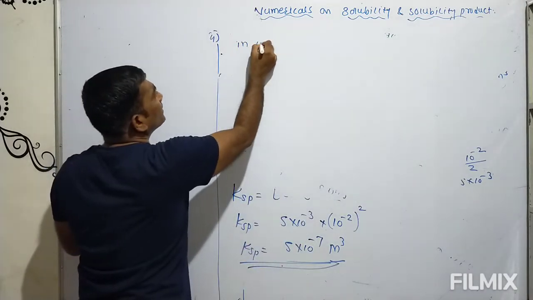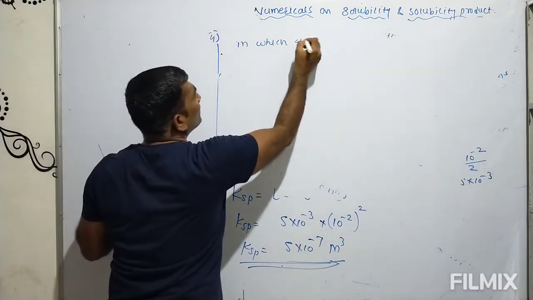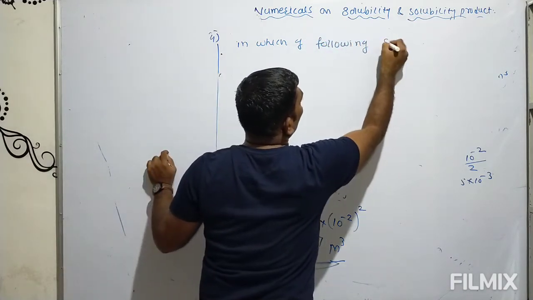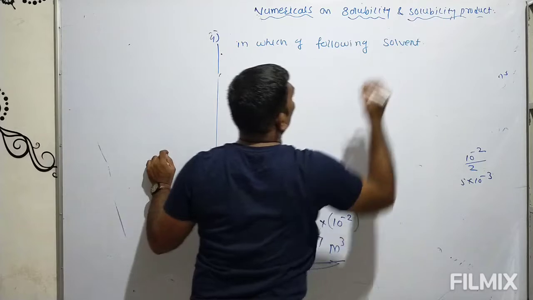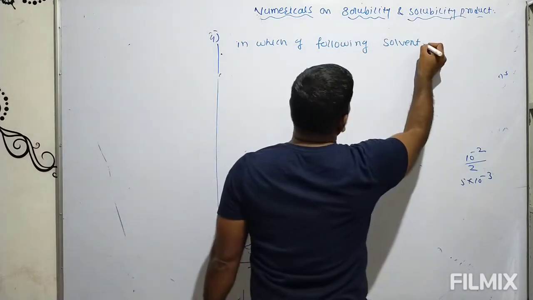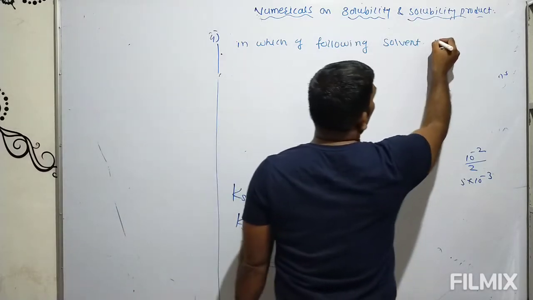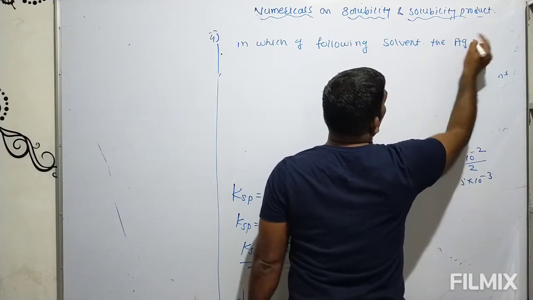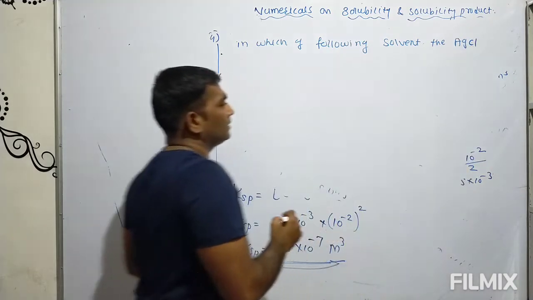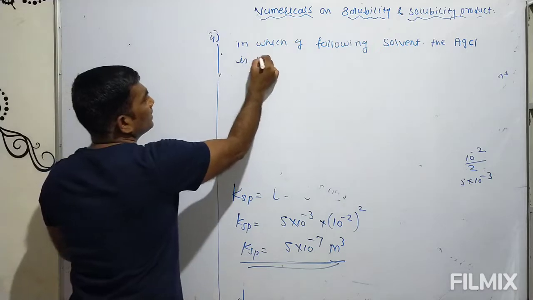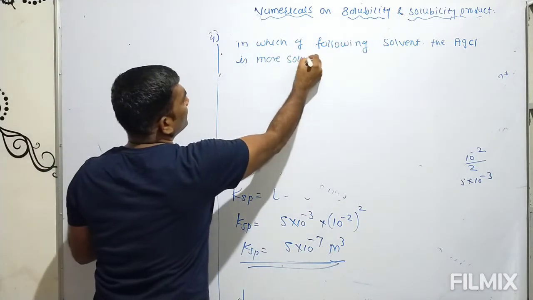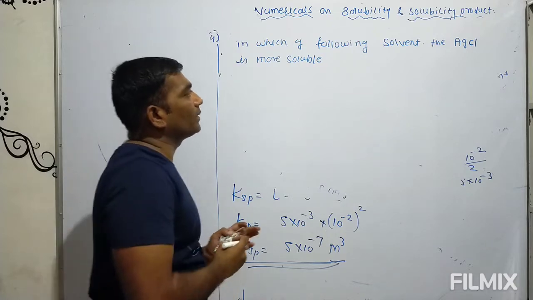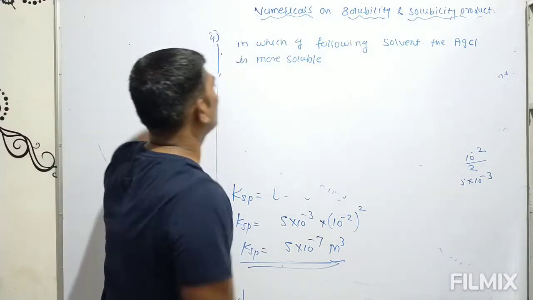In which of the following solvents is AgCl more soluble?